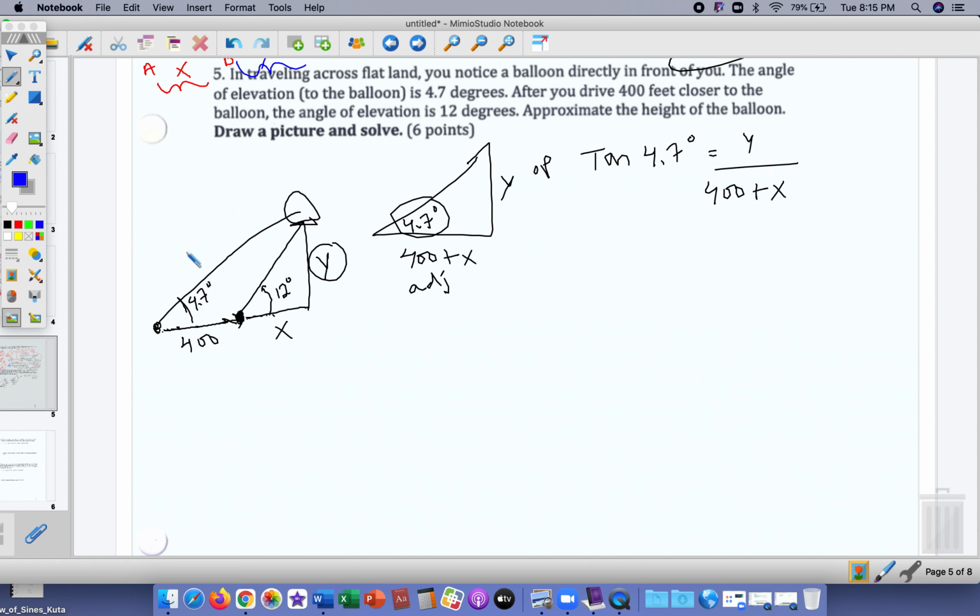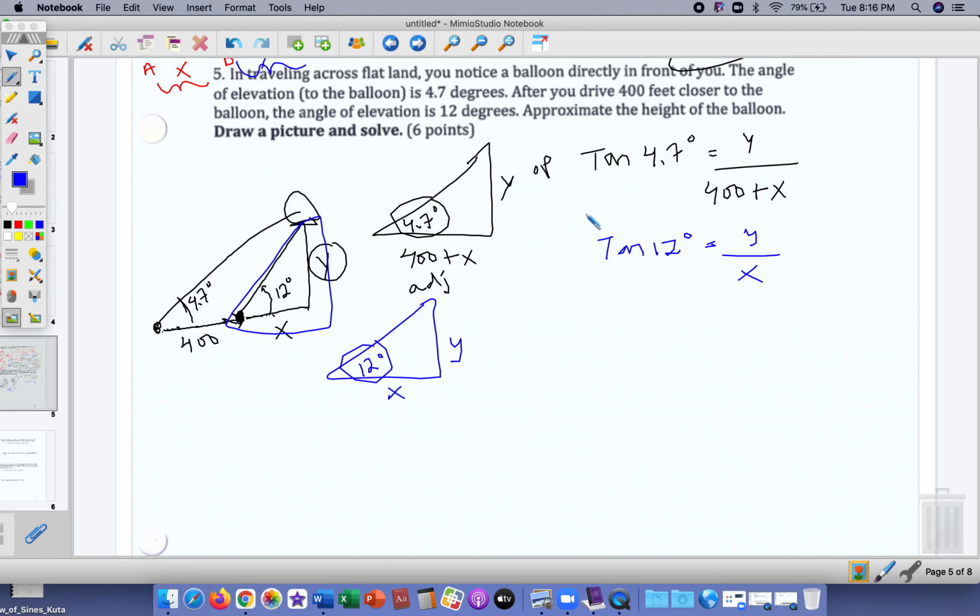And then I'll draw another triangle, and this will be 12 degrees, x, and y. So the second one is right in here. I'll do tangent of 12 degrees is equal to y over x, tan opposite over adjacent.